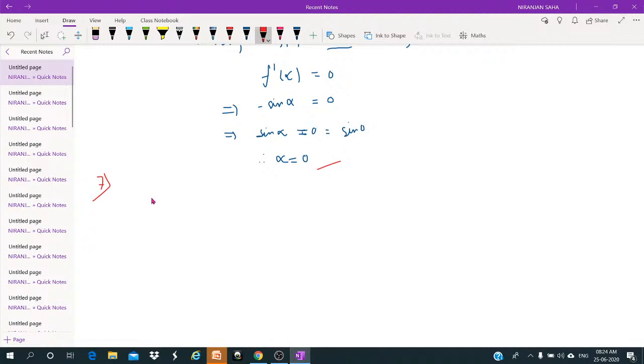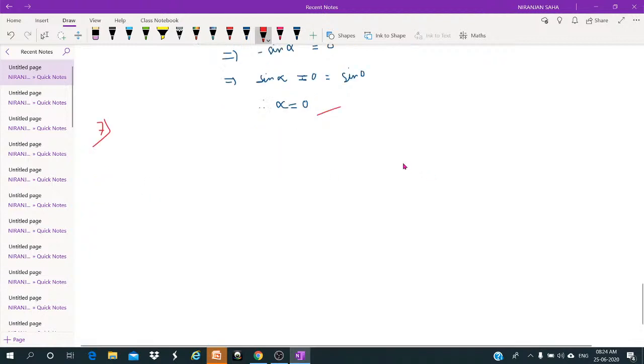Here again is a problem related to differentiability. Given that f(x) equals x square sine of 1 by x, when x is not equal to 0, and 0 when x is equal to 0.